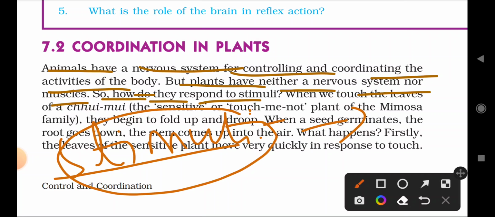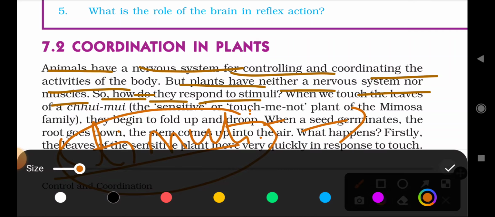Stimuli is nothing but changes in the environment. A simple definition is there.